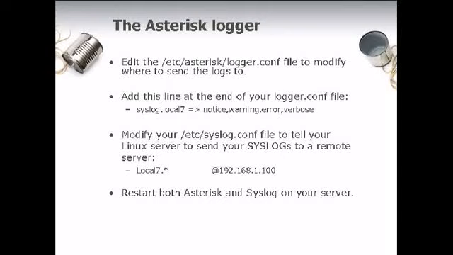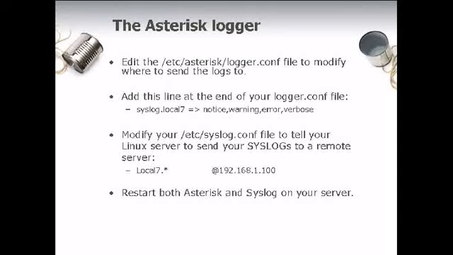And then Asterisk will send it to the syslog of your Linux server. So now you need to tell Linux to send all the logs to our centralized log server that runs the modified version of syslog.